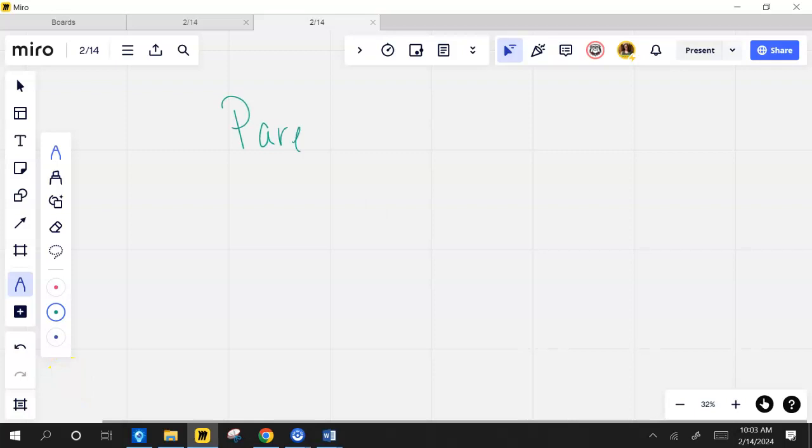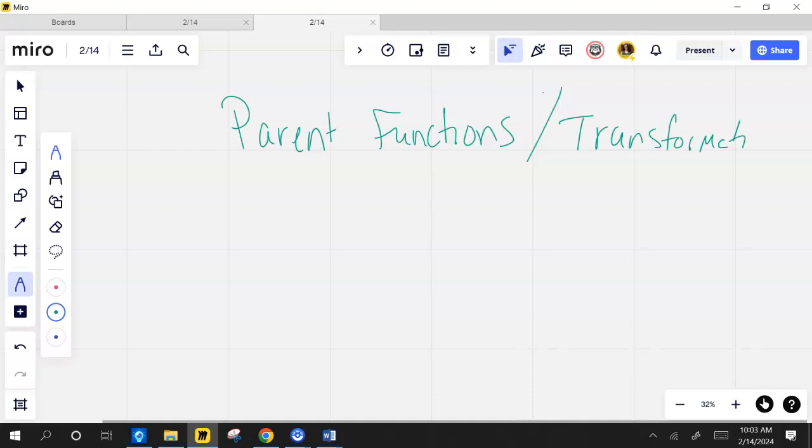Functions, do y'all know what parent functions are? So this will be parent functions and transformations today. Before I tell you about transformations, I first need to tell you about parent functions because we do transformations on the parent functions themselves. Parent functions are just our most basic functions that we have.